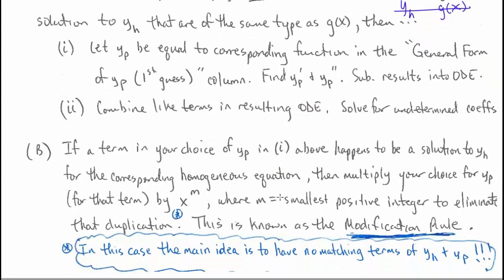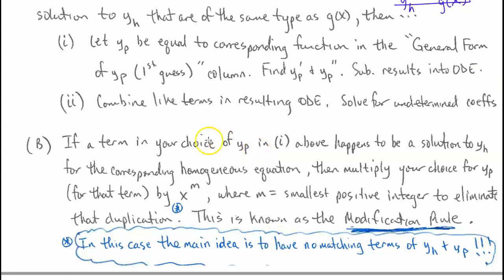Okay? If, again, we have some kind of matching, a term that matches between a homogeneous solution and g, then what we're prescribed to do is multiply our choice for y sub p for that term or terms where the homogeneous solution and g are common.